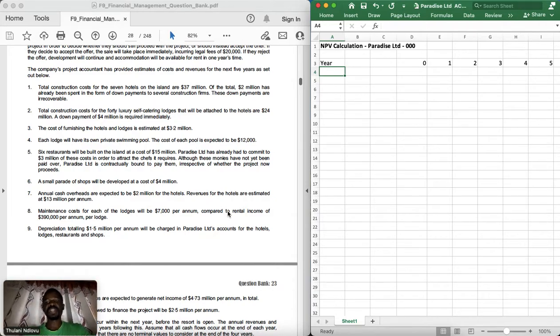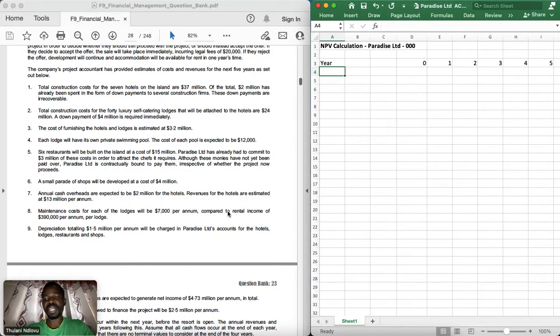So this 3 million is already a committed cost, so it's irrelevant for decision making. Note 6: A small paradise of shops will be developed at a cost of 4 million.